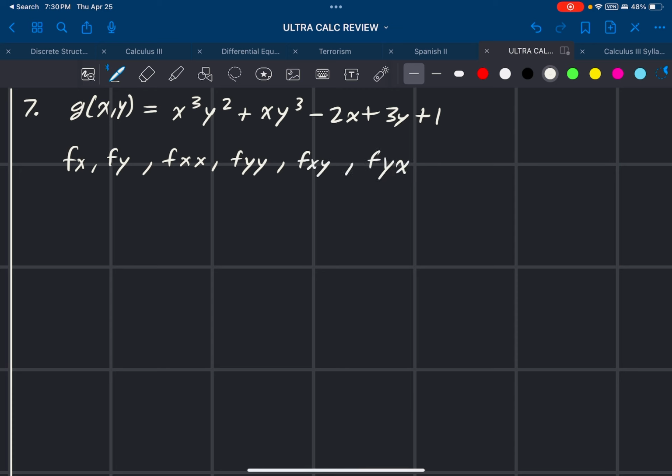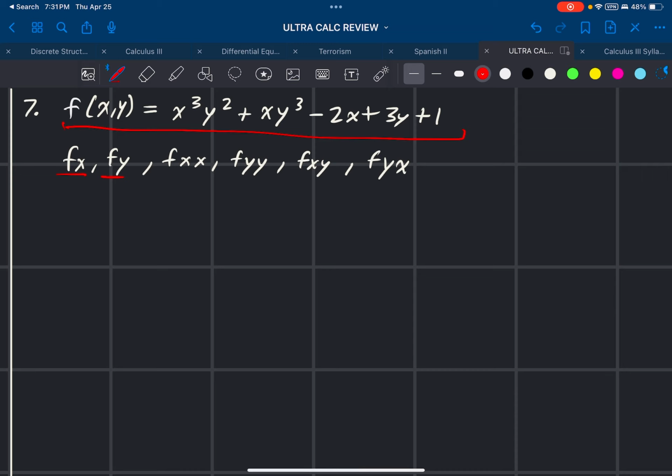Okay, so this is very, very simple. I will explain the concept behind it. For this whole entire thing, we already know how to take the partial derivative of g. Let me just replace this with g, actually. This is just going to make it easier. So we already know how to take the partial derivative of g with respect to x, and how to take it with respect to y.